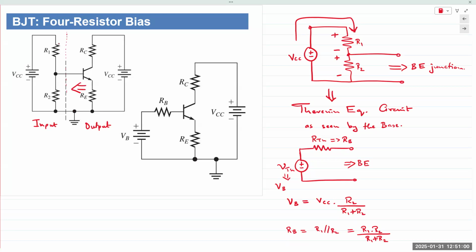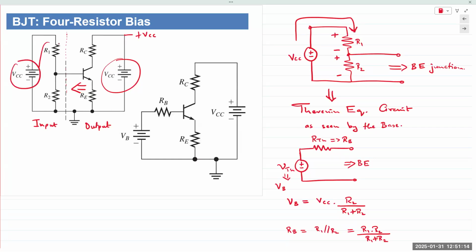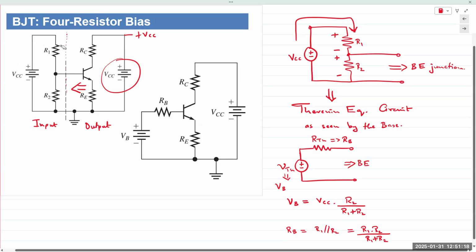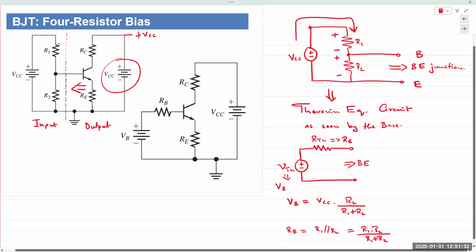You have plus VCC here. Simply means you're applying VCC between these two terminals. And then we are redrawing it separately so we can show that VCC is also applied to R1 and R2. From this point on, it is a simple voltage divider network. This is the base, this is the emitter.